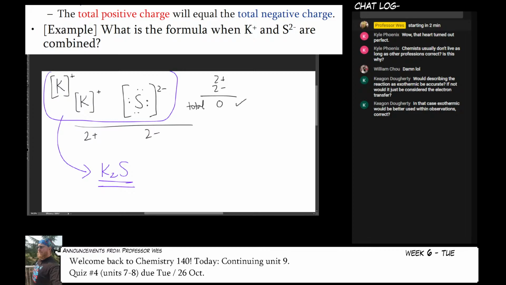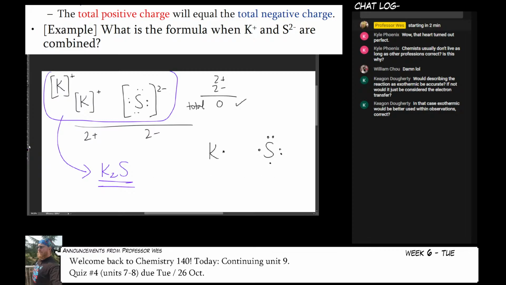So what I've done here is I've tried to do this without drawing the electrons moving around. You can do that if you'd like, and we can show that here. Here's potassium as normal. It has 1 valence electron because it's in group 1. Here's my sulfur. Sulfur has 6 valence electrons.